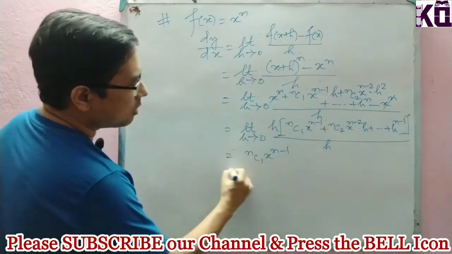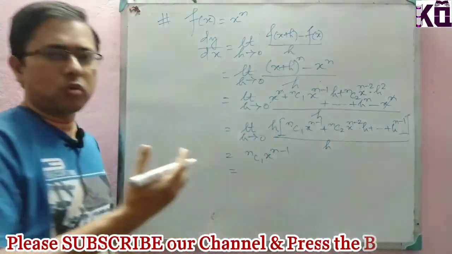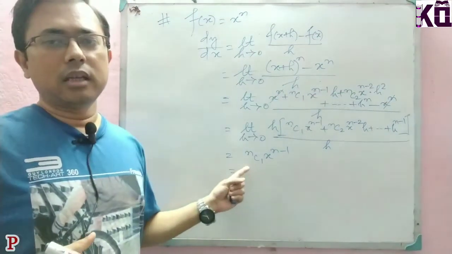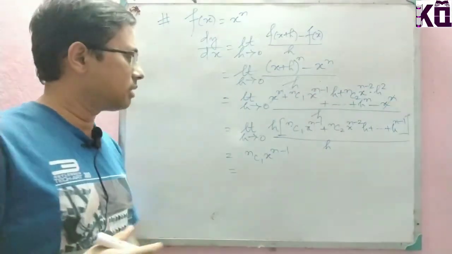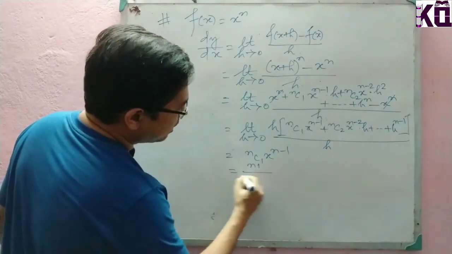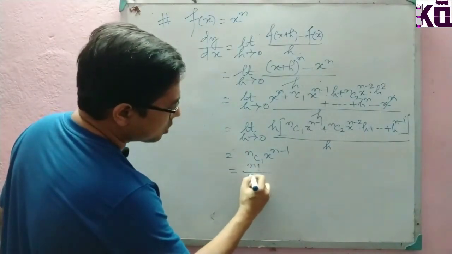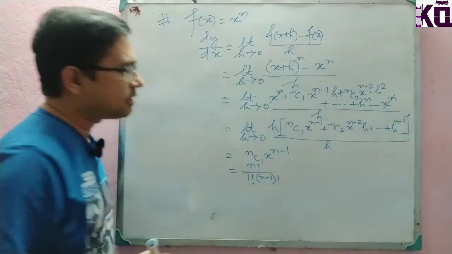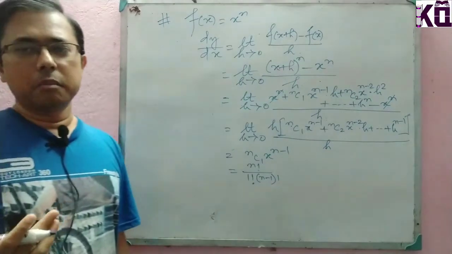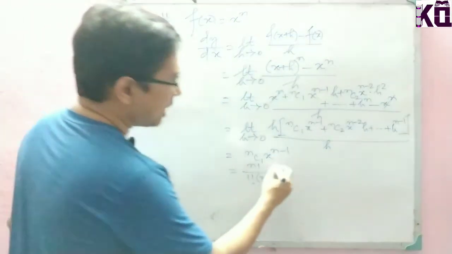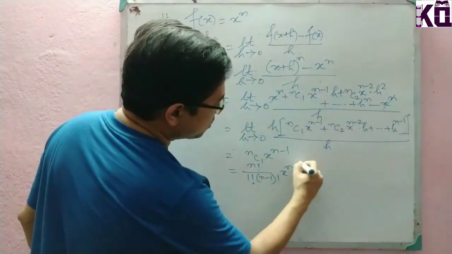What is nC1? Most probably we know, or otherwise we will discuss it when we go to that part of the binomial theorem. That means factorial n by factorial 1 into factorial n minus 1, that is the real expression. nCr means factorial n by factorial r into factorial n minus r, and x to the power n minus 1.